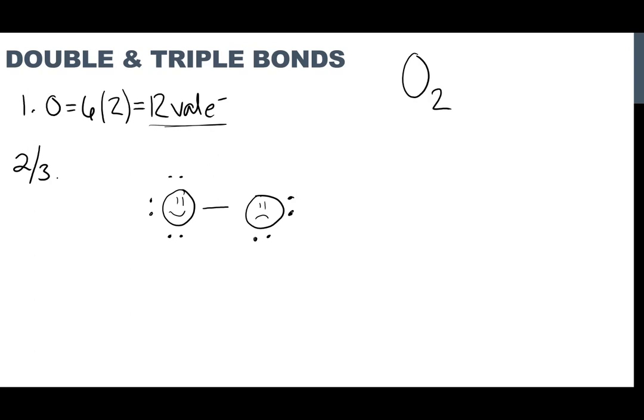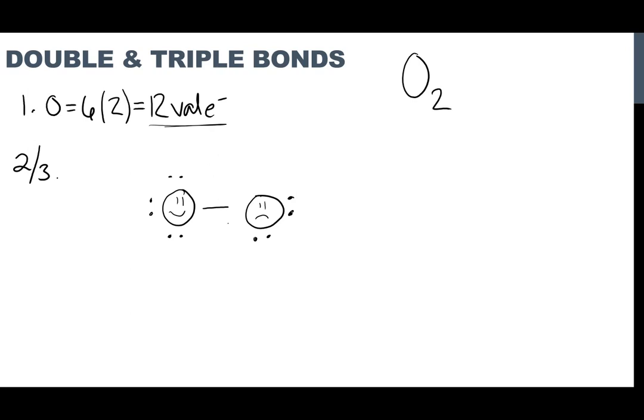This is step 4. If and only if, so this is a last resort, if and only if we have an atom that lacks an octet, what we can do is create what we call a double bond or eventually a triple bond.